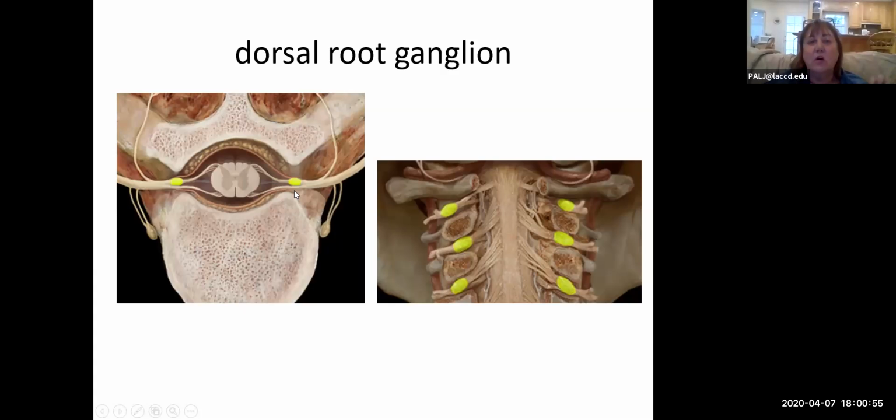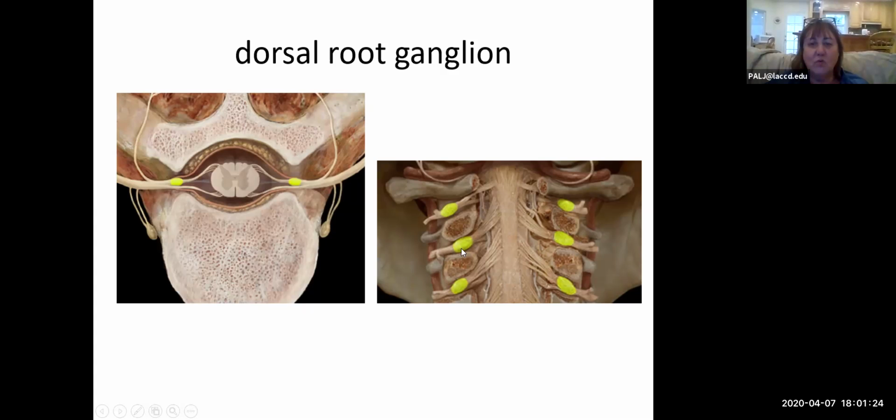So this is showing actual photomicrographs of looking at a vertebra from above, where you can see the spinal cord coming out and the bright yellow dorsal root ganglion. This is leaving through the intervertebral foramina, and then out here it's going to be a spinal nerve. If instead of that kind of view, we took off everything that was posterior, so if we took off the pedicles and the spinous processes, then you see the spinal cord laid out here.